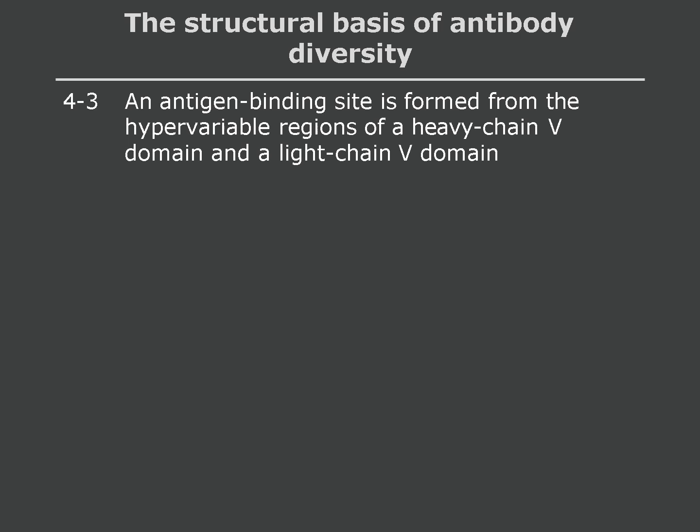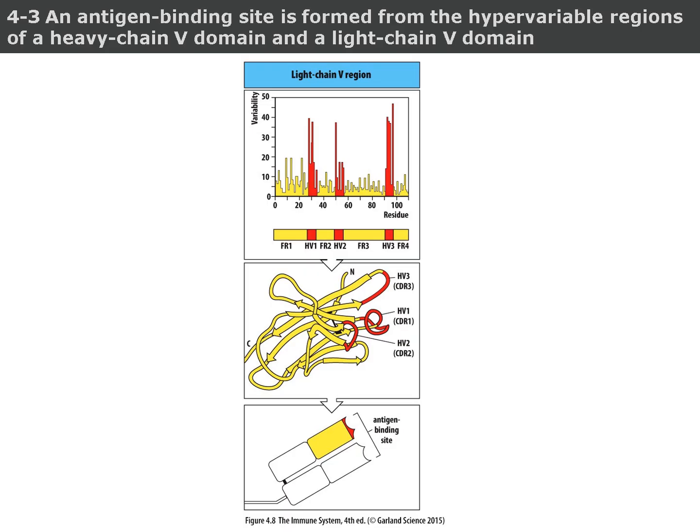An antigen binding site is formed from the hypervariable regions of a heavy chain V domain and a light chain V domain. In this figure, we explore how the antigen binding site of an antibody is constructed. The top graph highlights the variability across the amino acid residues of the light chain variable, or V region.